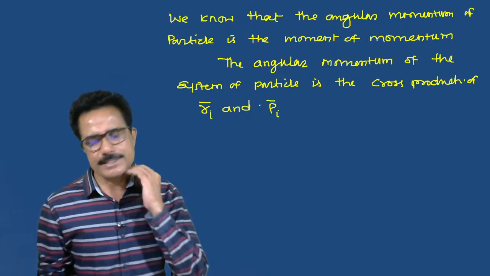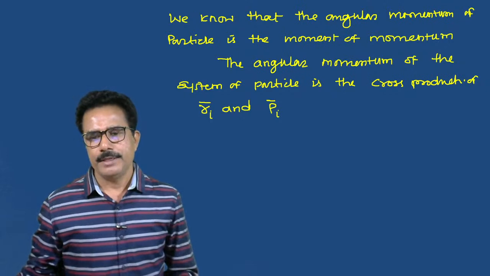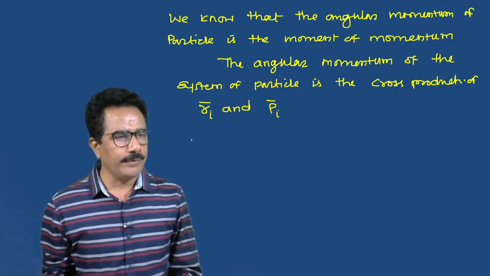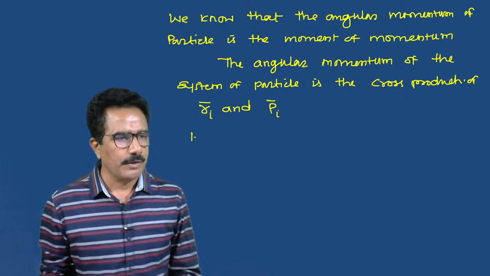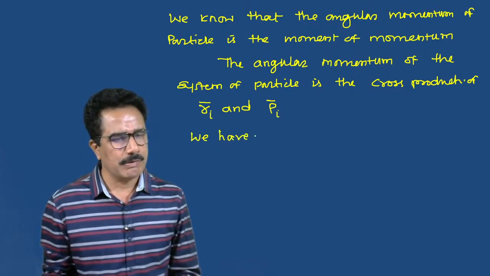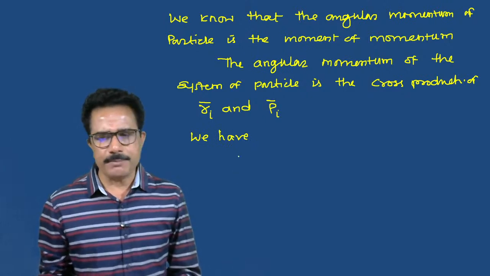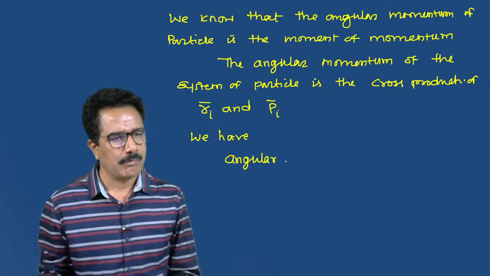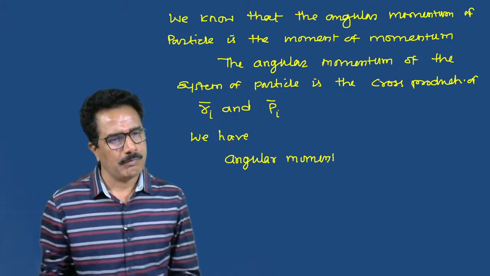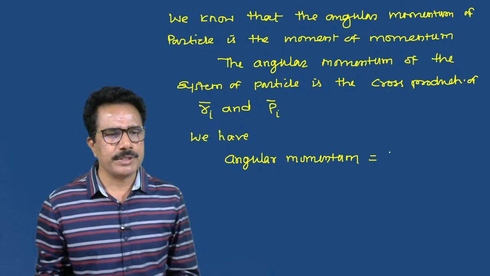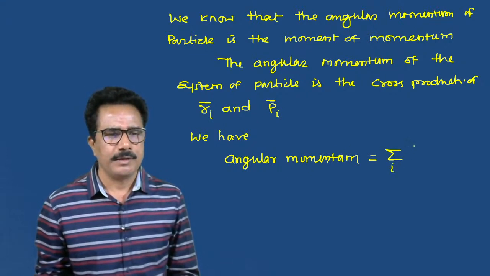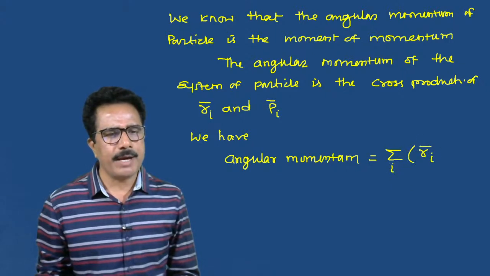Take the cross product of Ri with the momentum, that is the moment of momentum. So we can write, therefore, we have the angular momentum L bar equals the summation over i of Ri bar cross Pi bar.